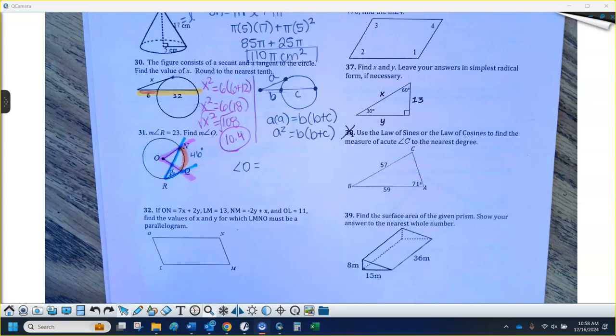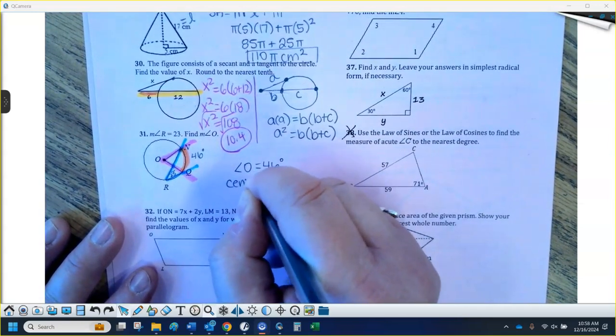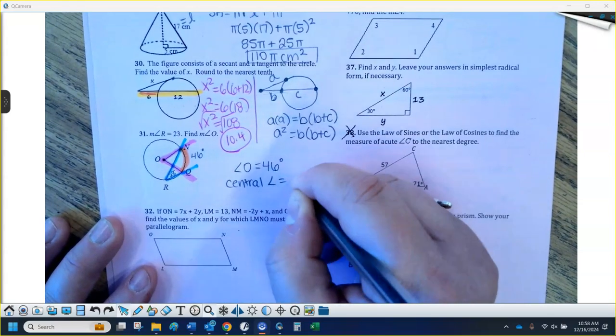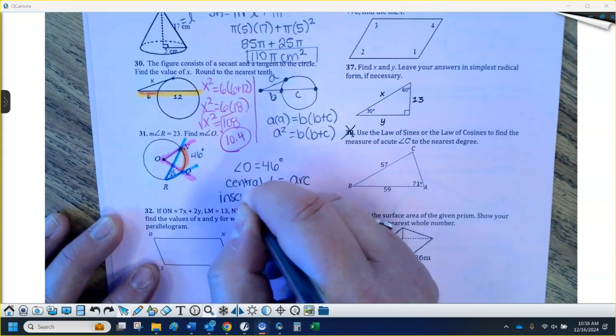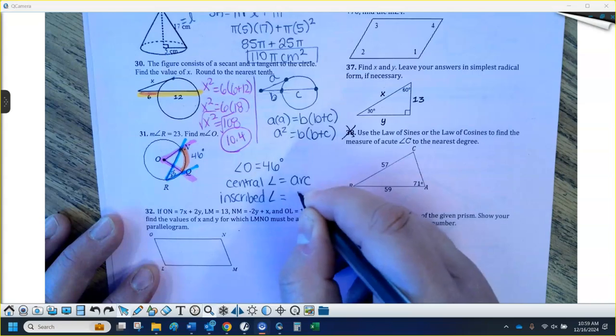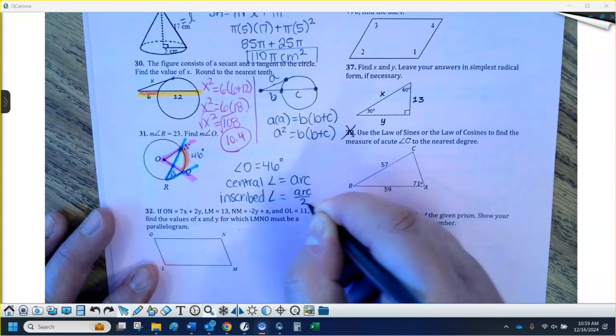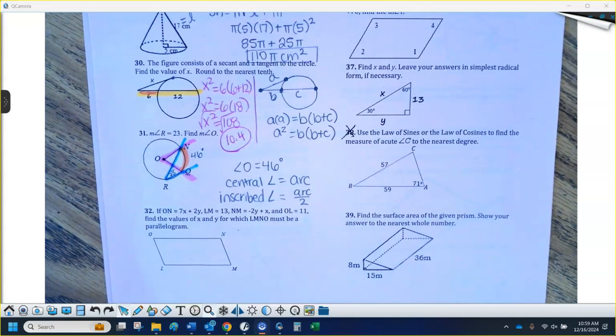It's 46. They're the same. If you have a central angle, which is what O is, the central angle is equal to the arc. An inscribed angle, which is what R is, equals the arc divided by 2. The difference is, central angle, the vertex is on the center. Inscribed angle, the vertex is on the circle, not on the center of the circle. So that's kind of 2 questions in one.